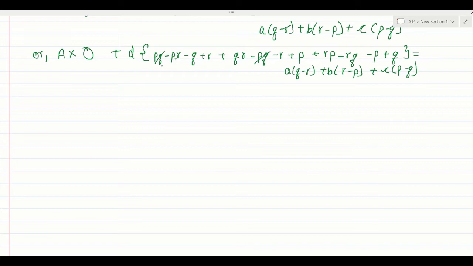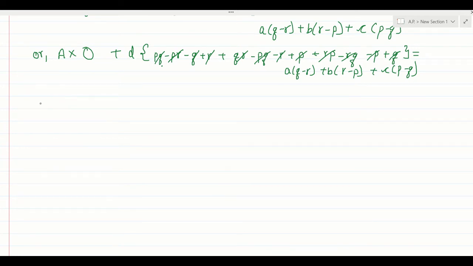We have minus pr and we have plus pr cancelled. We have minus q, we have plus q cancelled. We have plus r, we have minus r cancelled. We have plus qr, we have minus qr cancelled. We have plus p and we have minus p cancelled. So again in this bracket we are left with 0.